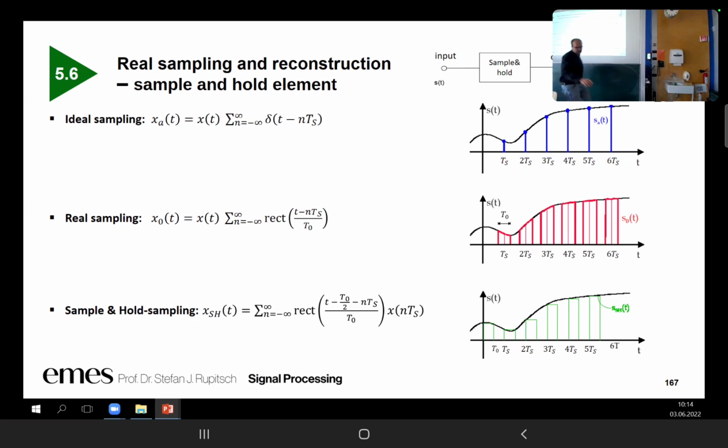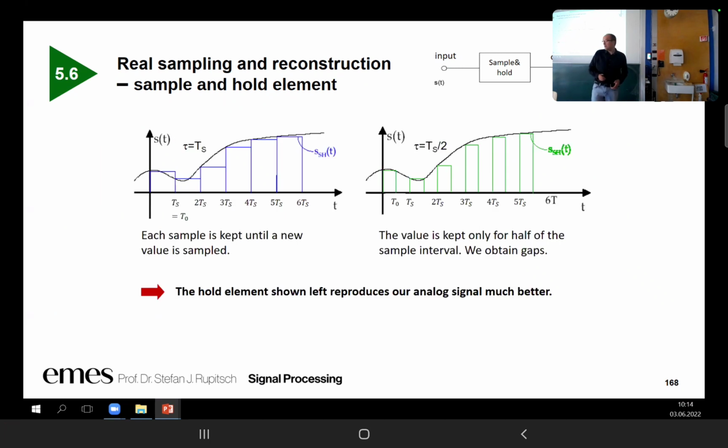If we take a look at the next slide, each value is kept until a new value is sampled. This is the best way. In this other way, the value is kept only for half of the sampling interval, so we obtain gaps. This is not the best way, but both are better from the electronic point of view than the direct effects, because we cannot produce these real Dirac pulses.